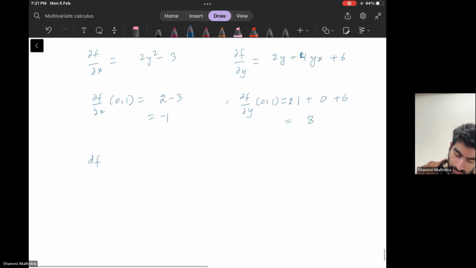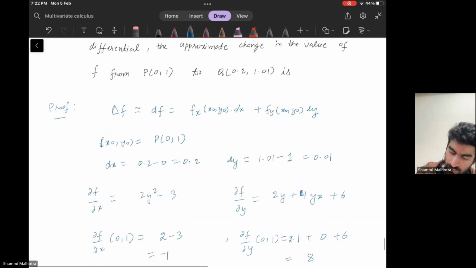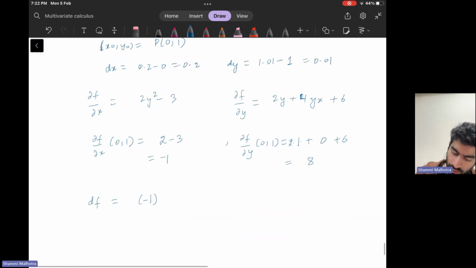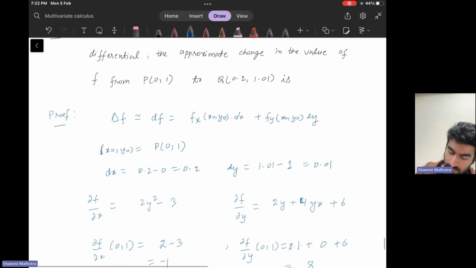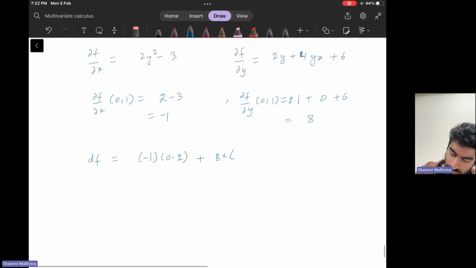So the approximate change df would be del f by del x, which is minus 1, times the change in x, 0.2, plus 8 times the change in y, which is 0.01. So if we calculate, this is nothing but minus 0.12.